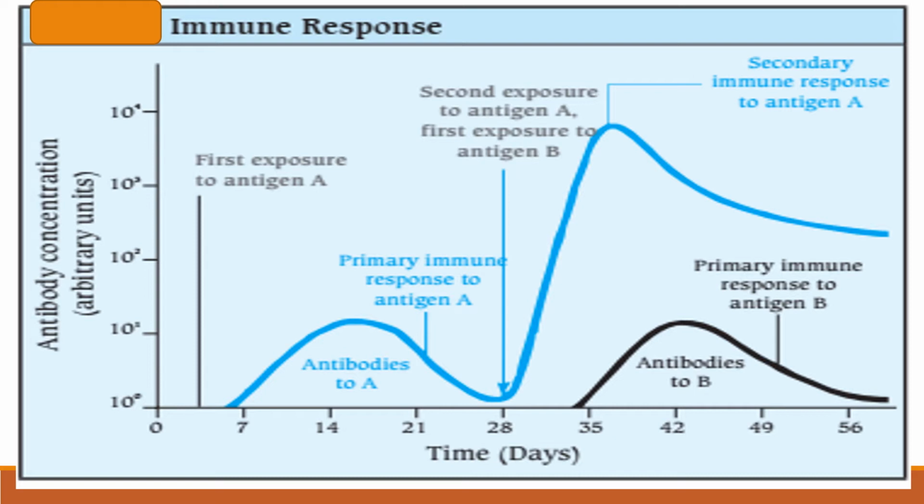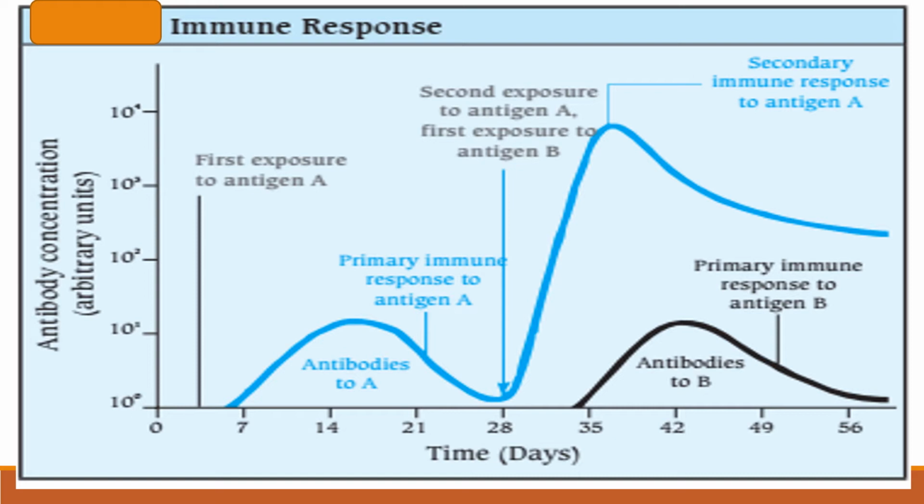It will contain antibodies against antigen A. After second exposure here, the second curve, the second wave, is called secondary immune response to antigen A.